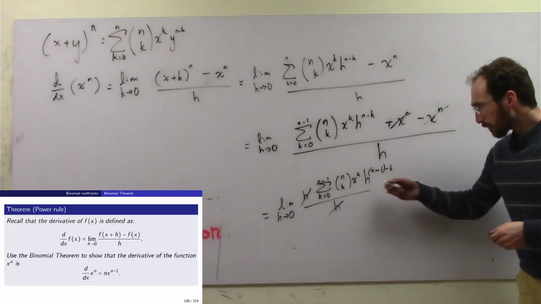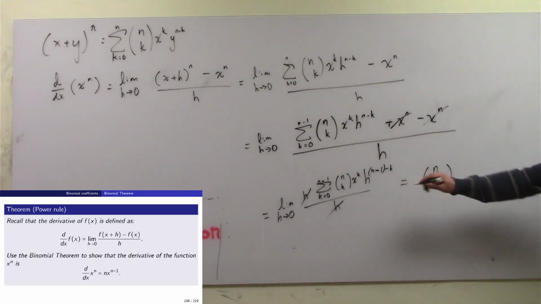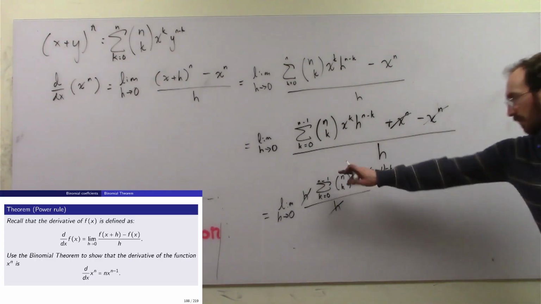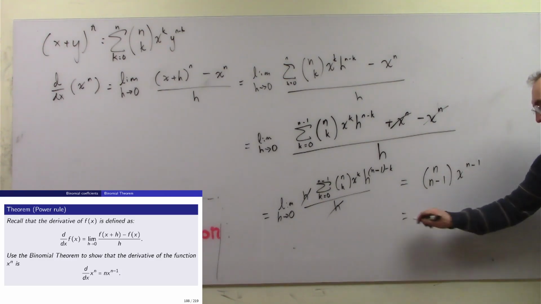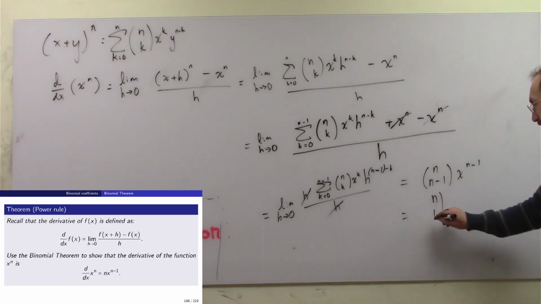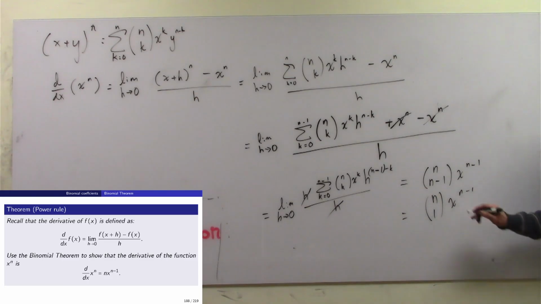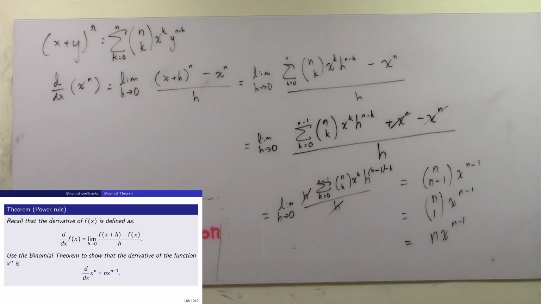So we get the n minus 1 term, or n choose n minus 1 times x to the n minus 1. And what is n choose n minus 1? n choose 1. And what is n choose 1? n. Very good. Perfect. And we end up with the derivative of x to the n.